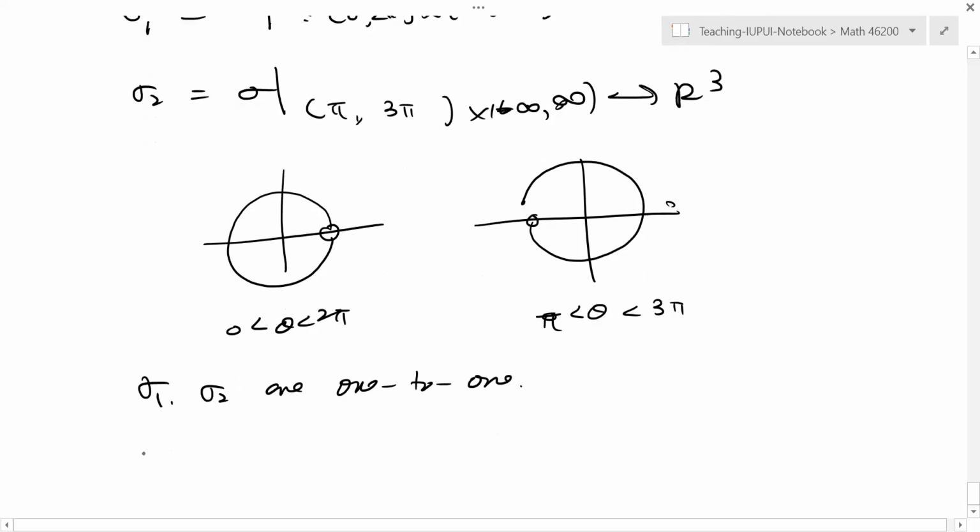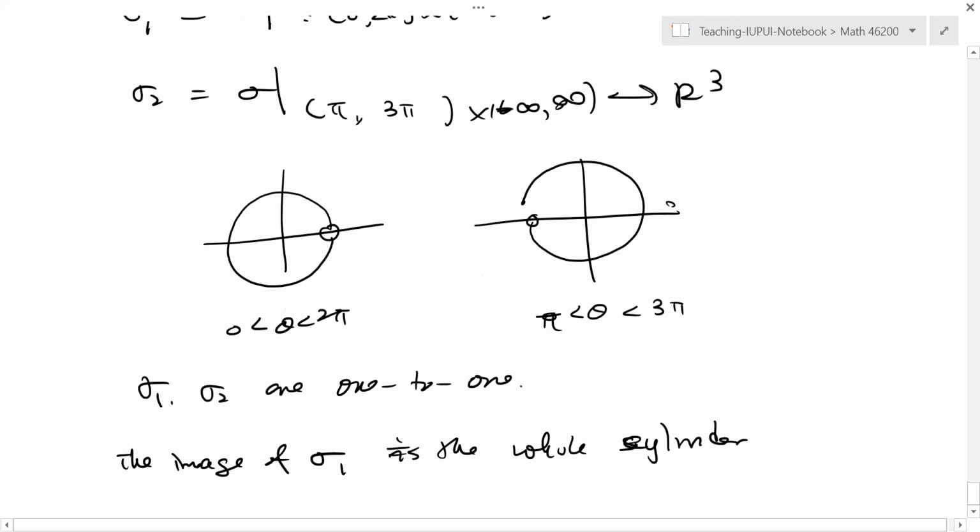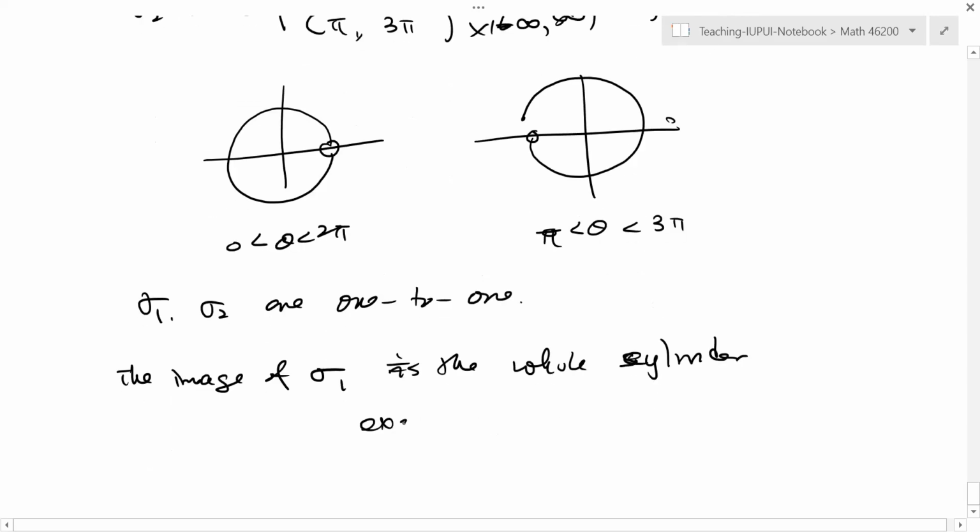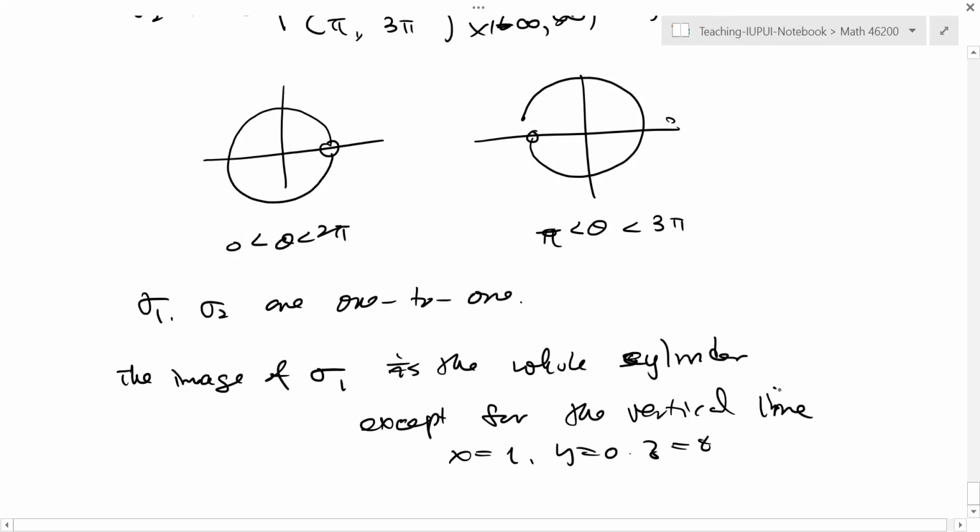And what is the image? The image of sigma 1 is the whole cylinder, except the vertical line determined by x equals 1, y equals 0, z equals t.